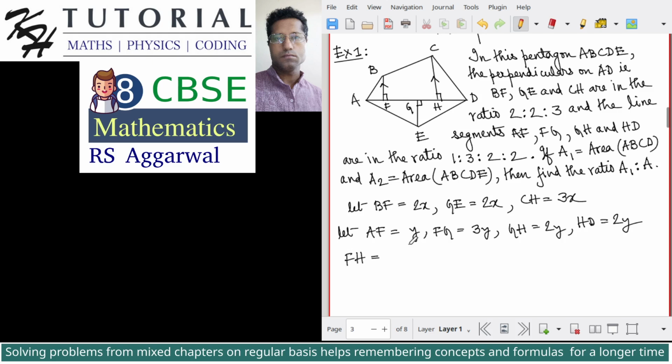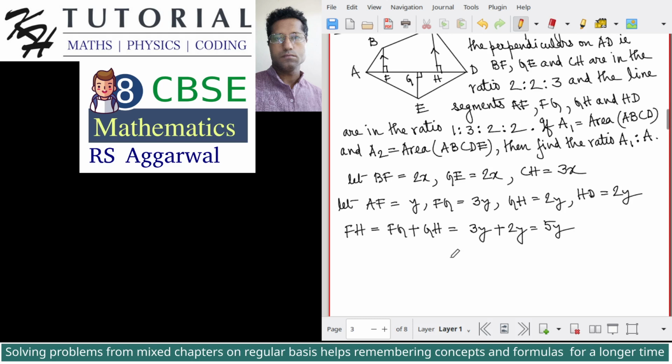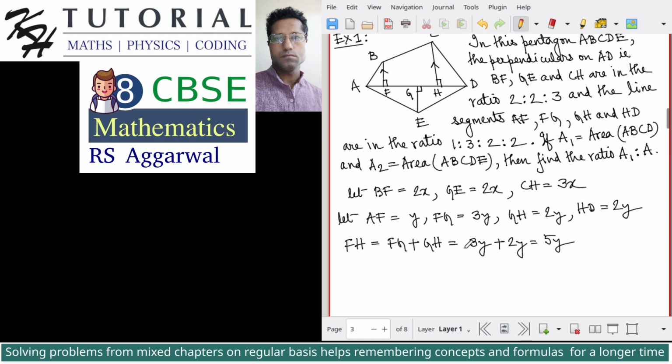FH is equal to FG plus GH, which is equal to 3y plus 2y, which is equal to 5y. Also, we will need HD, and HD is already given as 2y.